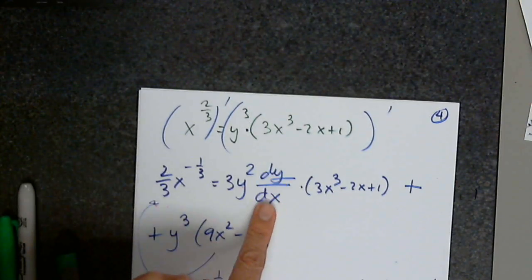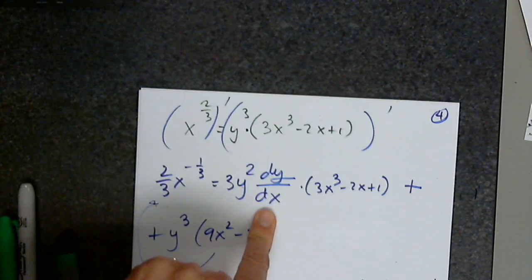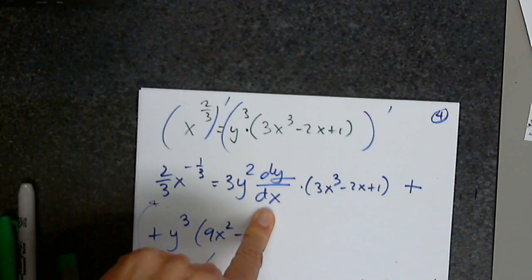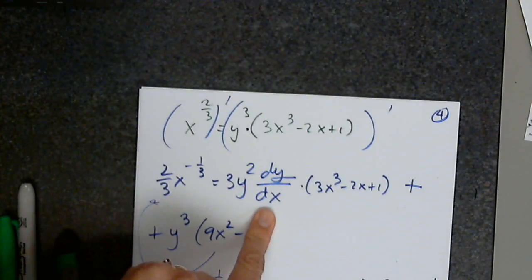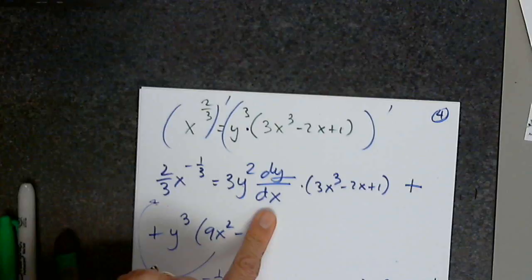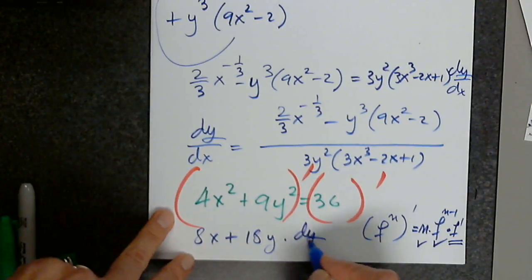Can anyone read this for us? I refuse to believe that no one can read this for us. What is this? Right, dy over dx. 2 times dy over dx.